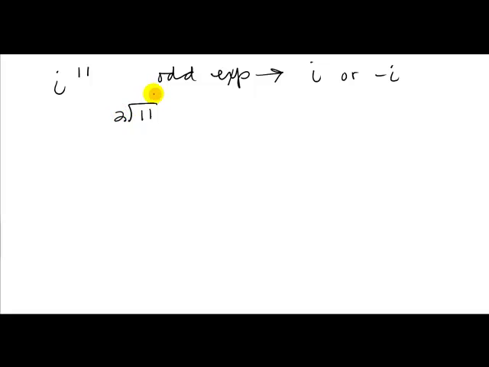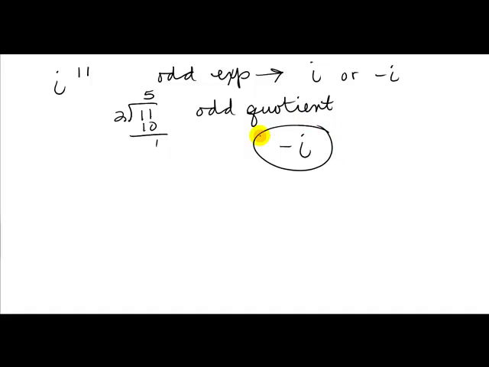Take the 11, divide by 2, 5, and this is an odd quotient. So when we have an odd exponent and divide it by 2 and get an odd quotient, this is when our answer is going to be -i. If you think about it, an odd amount of negatives gives me a negative answer.